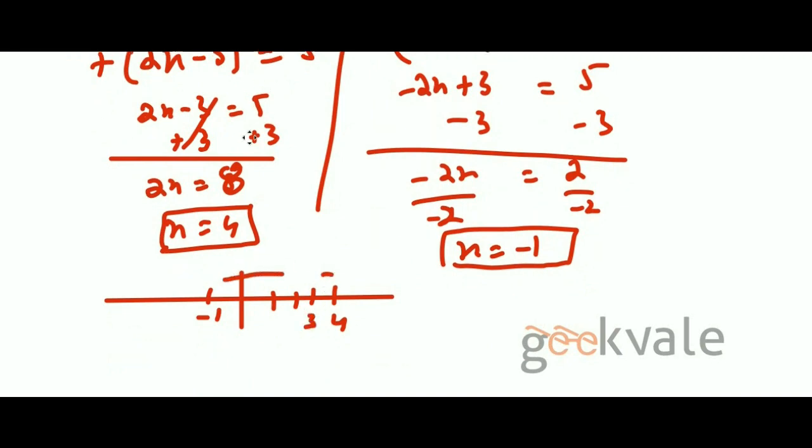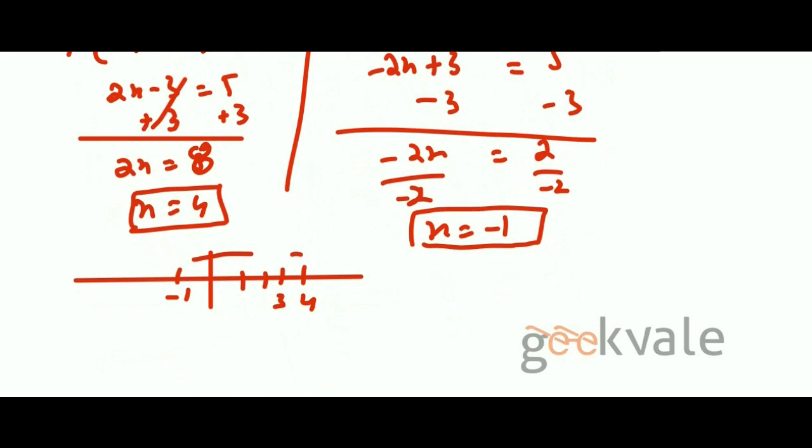In this case, it's 2x. Whatever is written with x, we got it from this question, and the coefficient of x is 2. So what you do is take the central point and divide it by the coefficient of x. 3 over 2. What's that? 1.5. That's your central point.